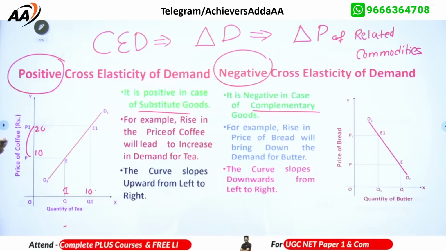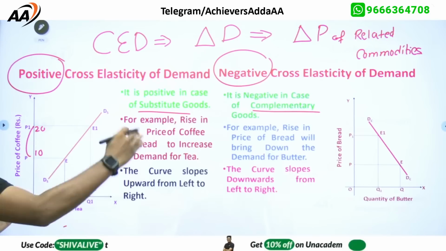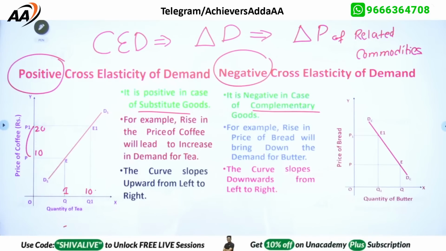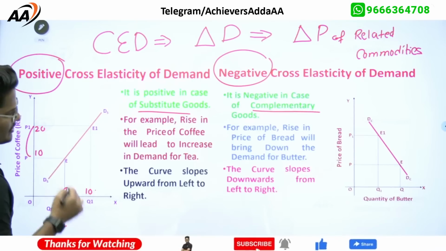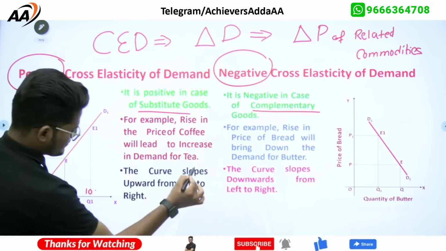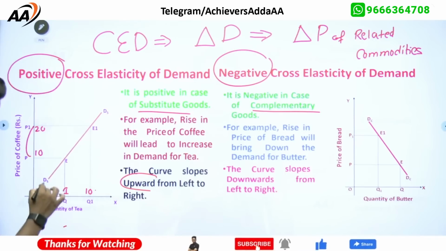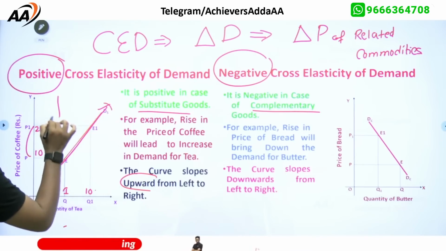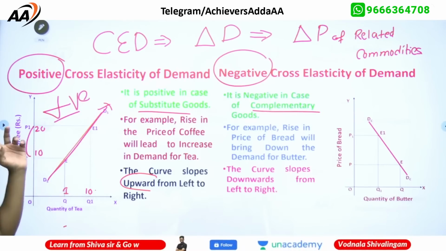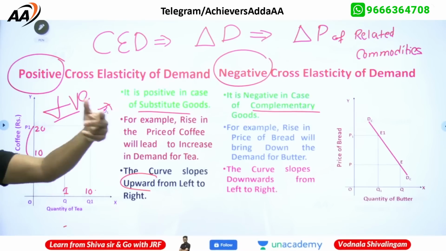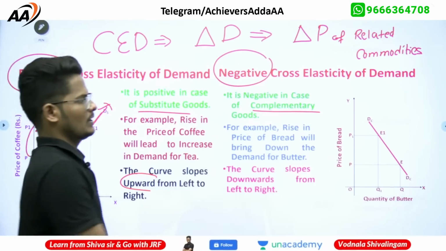So the increase in the price of coffee leads to an increase in quantity demanded of the other product, which is a substitute, called tea. So here the curve slopes upward from left to right. So this will be a positive relation. Price of one product impacts the demand of the other substitute product.